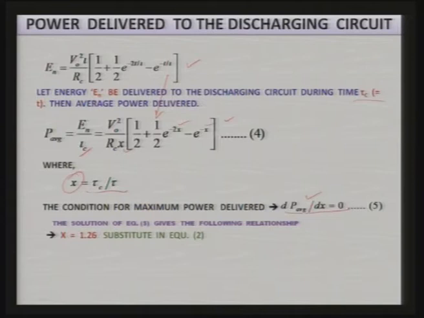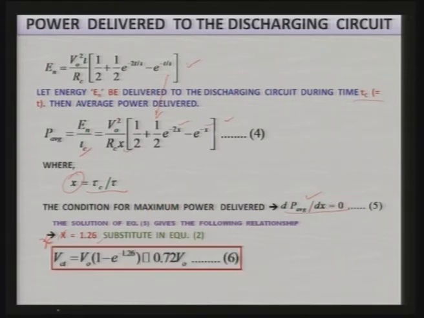If we solve this equation, we will get this, and this is small x, not capital X, x equal to 1.26. Now, we can substitute this value of x in equation 2 earlier, then we get V c t equal to V 0 into 1 minus e raised to power minus 1.26, and this is equal to 0.72 V 0.